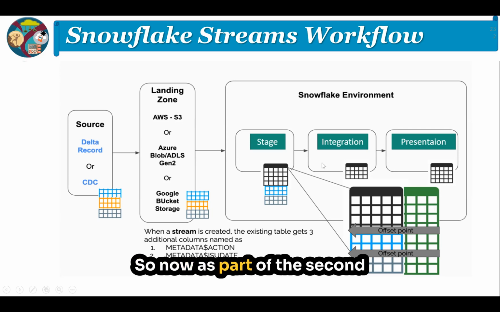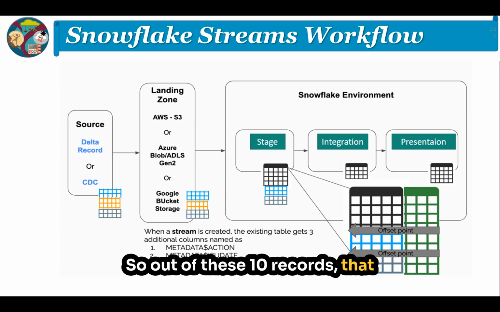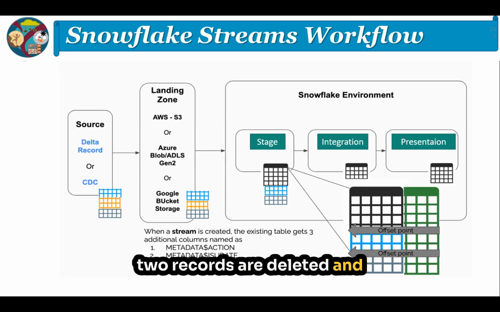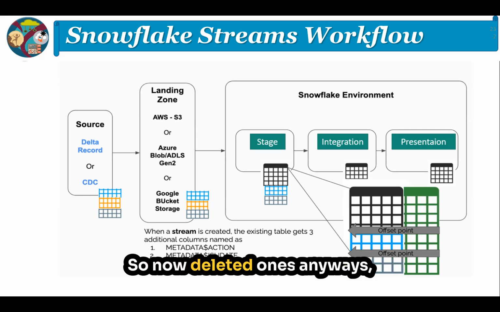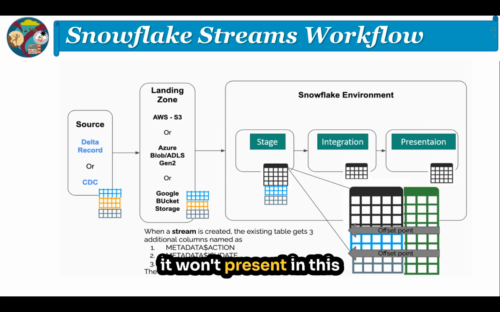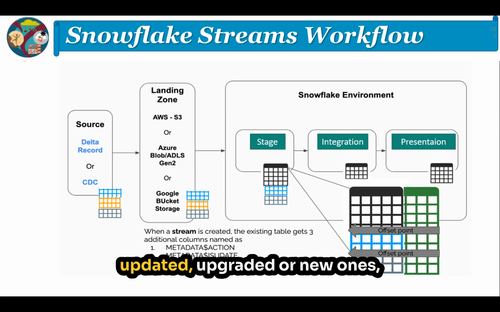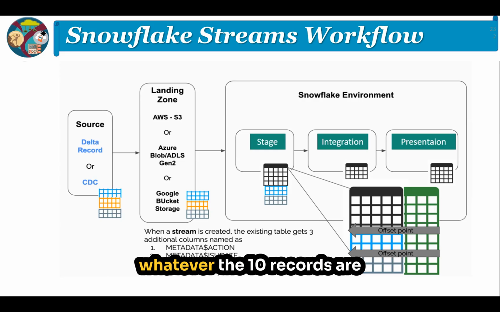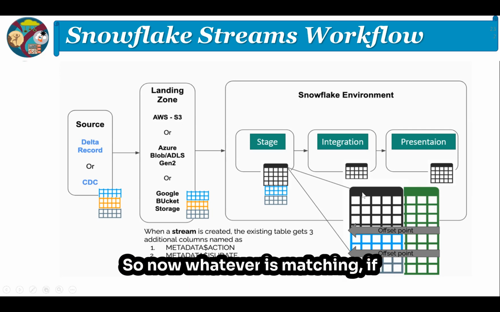So as part of the second load, what is happening here? Out of these 10 records, two records are deleted, two records are newly inserted, and the remaining are maybe updated. The deleted ones won't be present in the staging area anyway. For the remaining updated, upgraded or new ones, I match them with the integration layer and compare.